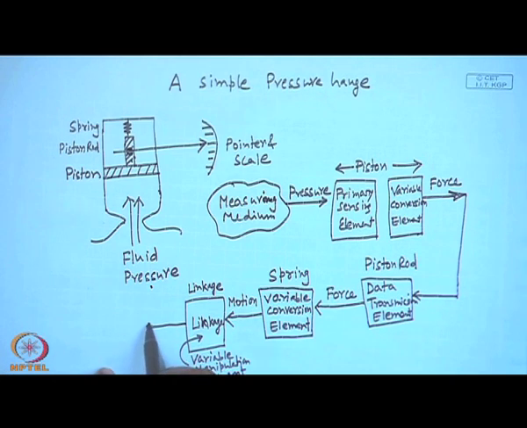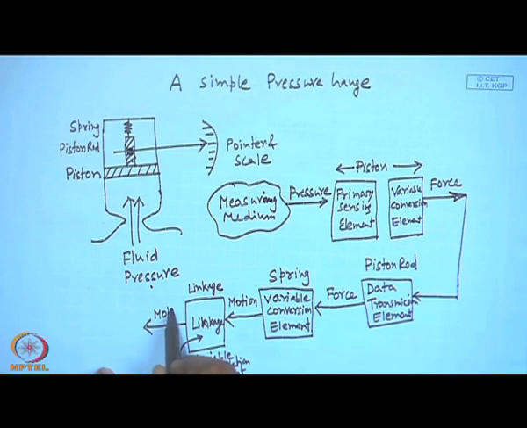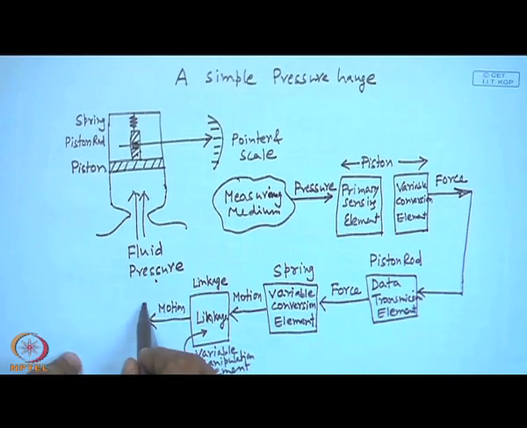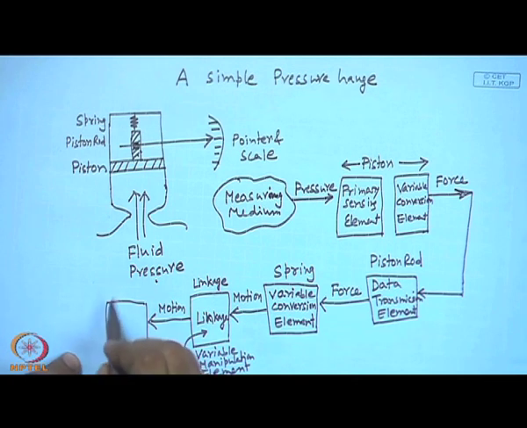So, we have a magnified motion, which is presented to observer by data presentation element, which is pointer and scale here.